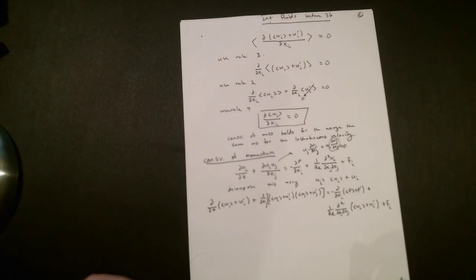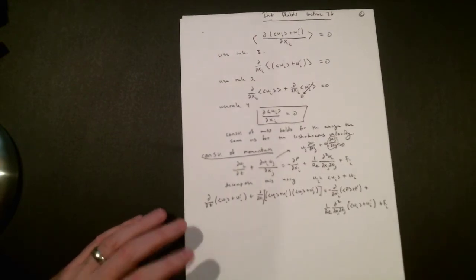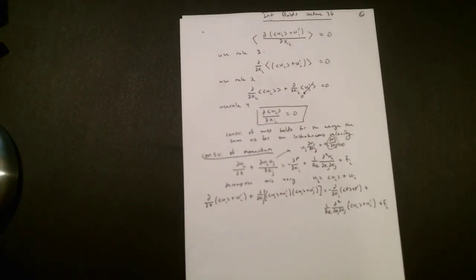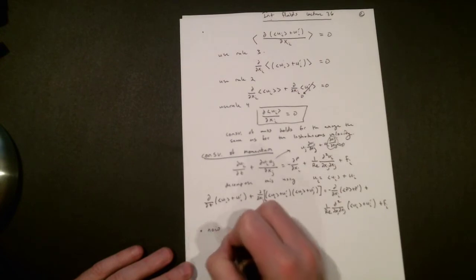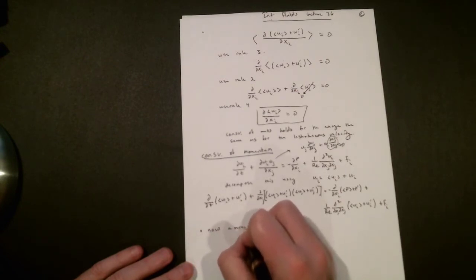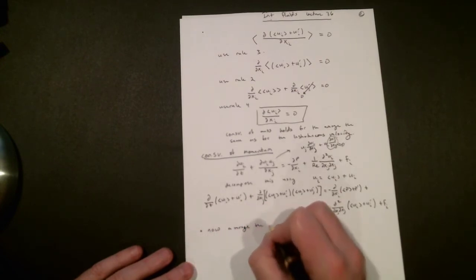We'll say that stays as is. So now we need to go through each of these terms. The next step is that we're now going to average the entire equation.